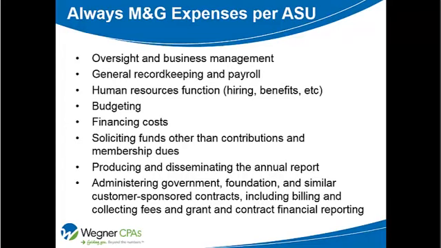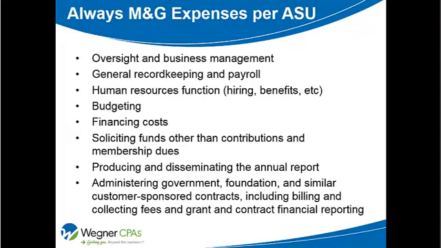Financing costs belong under management and general. Here there can be some additional allocation done of financing costs. So if you're financing a building that's only being used for program services, there may be some amounts that we can include under program services. So that one's a little bit grayer than the rest.